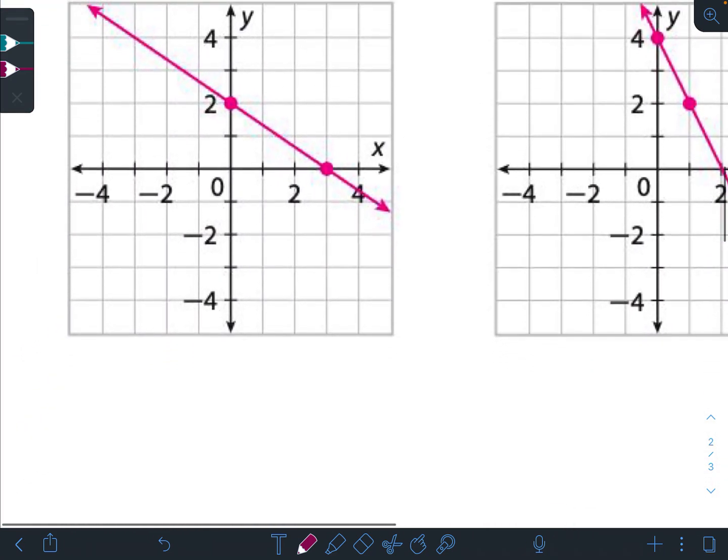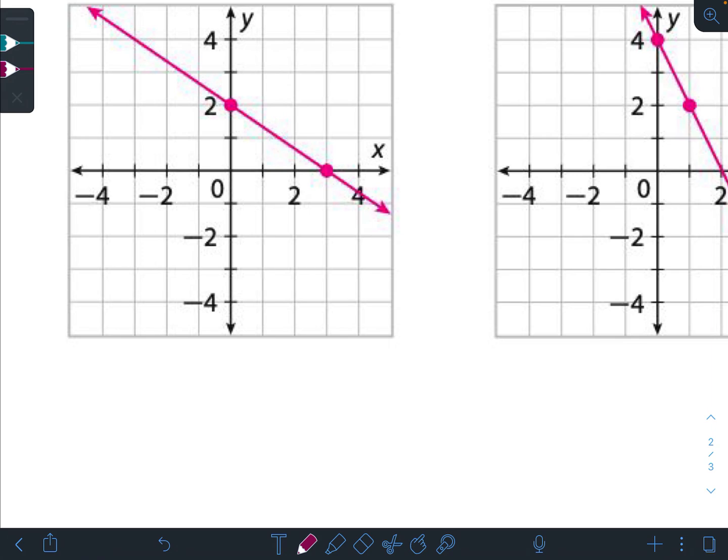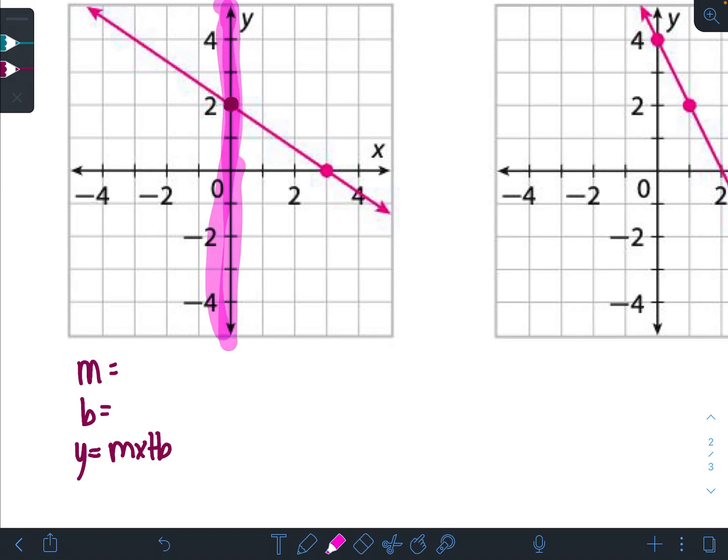Then down here, I have a couple more examples because these lines go all the way through and sometimes y'all get confused. So if I have my m, my b, I can always identify my y-intercept really easily because it's where my line is crossing my y-axis here. So I know my y-intercept is 2. And then they give me another point to use.